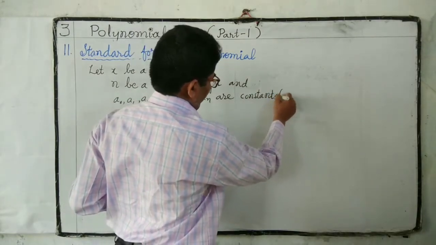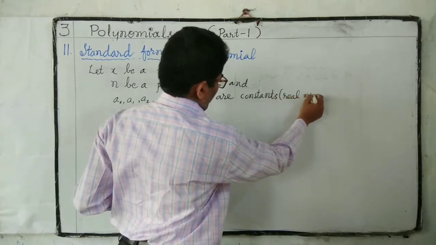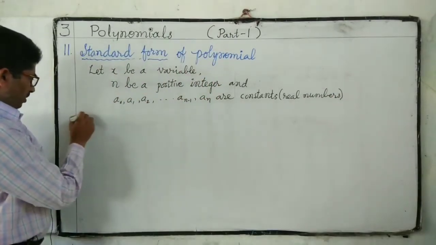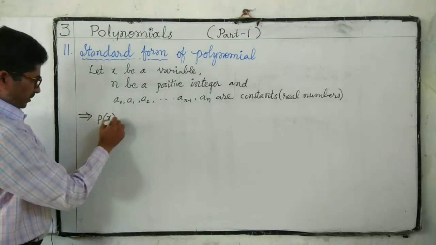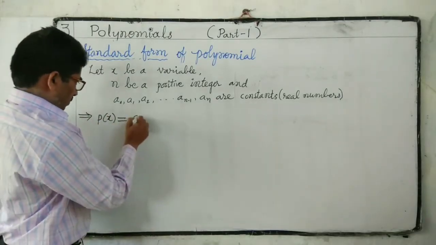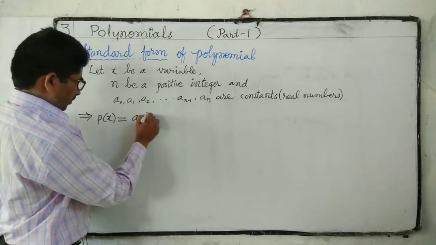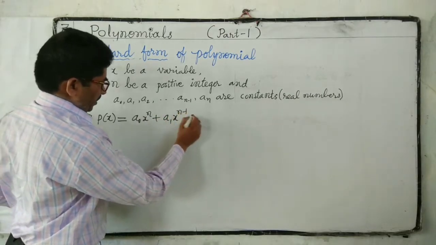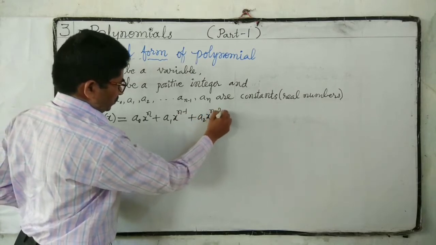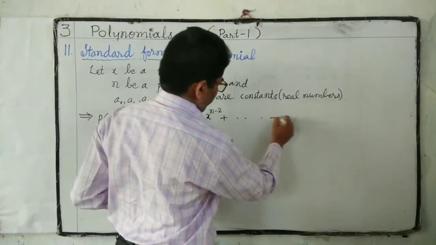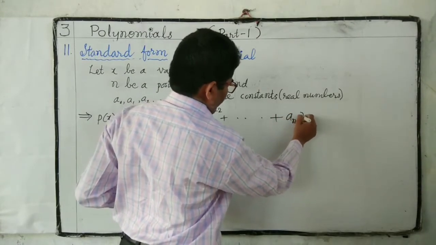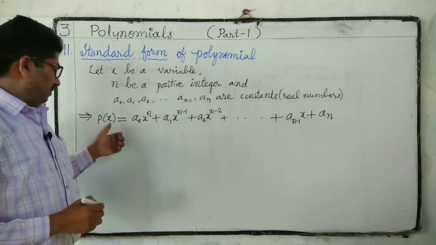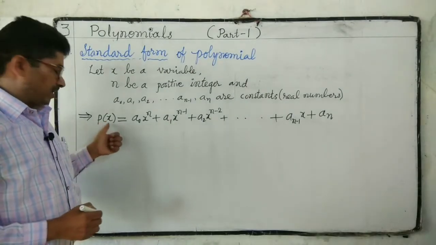Constants means real numbers. Then polynomial p of x is equal to a0 x to the power of n plus a1 x to the power of n minus 1 plus a2 x to the power of n minus 2 plus and so on, a n minus 1 x plus a n, is a polynomial in x variable.